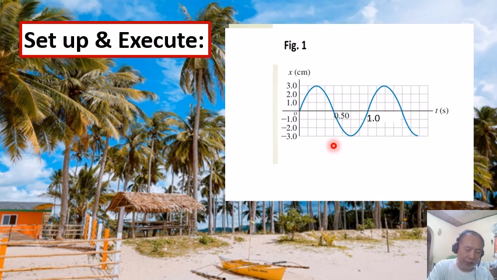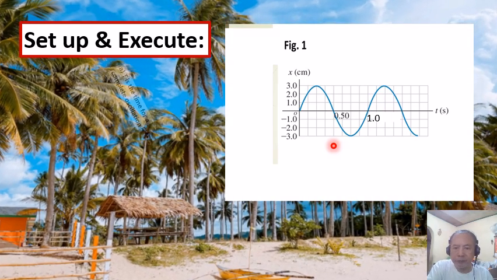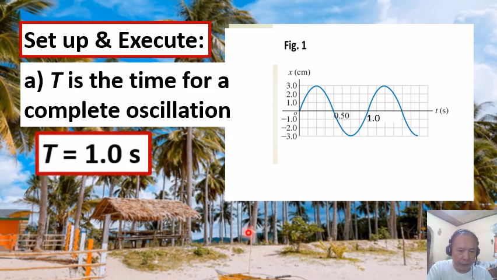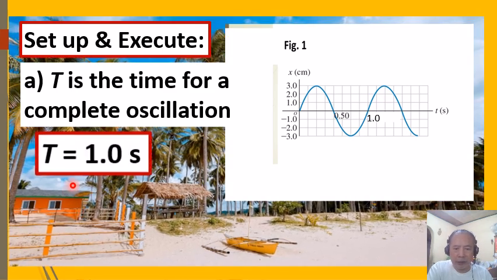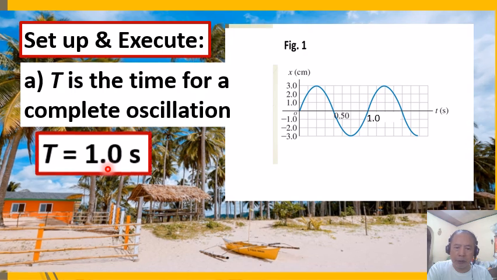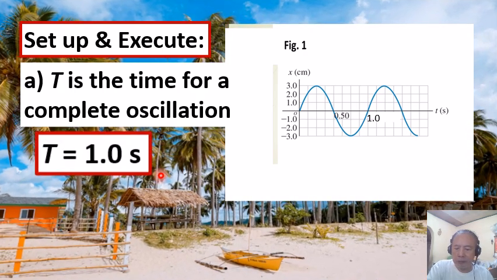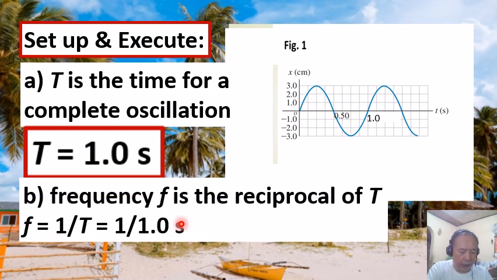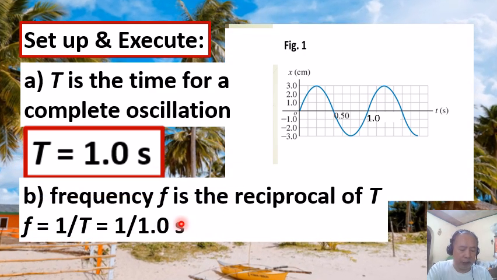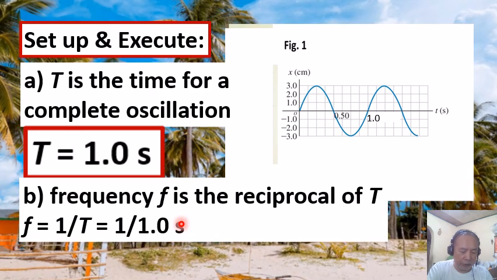Therefore, we say that the period of oscillation, capital T, is equal to 1.0 seconds. For question letter B, what is the frequency of oscillation?